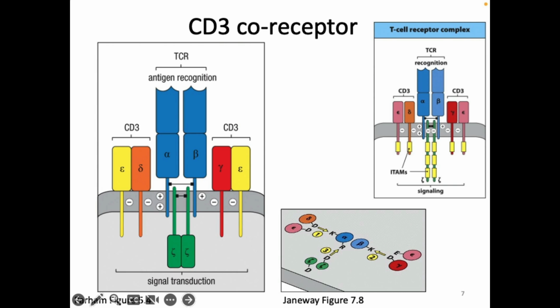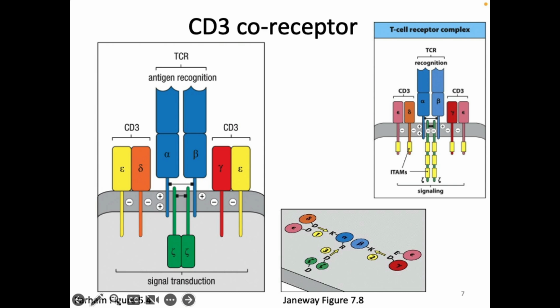One thing that's really cool about CD3, this is also true for Ig alpha and Ig beta with the B cell receptor, but it was first described for T cells and the T cell receptor, and it was actually one of my friends in grad school who described it. Even though this is actually 8 separate proteins, 2 of them, the alpha and beta chain, are covalently linked by a disulfide bond.